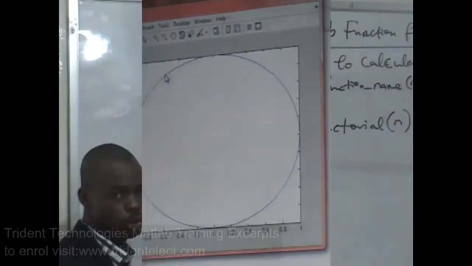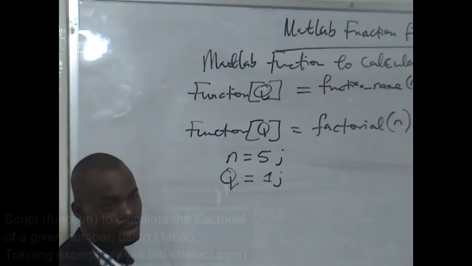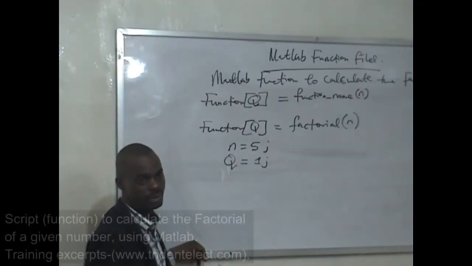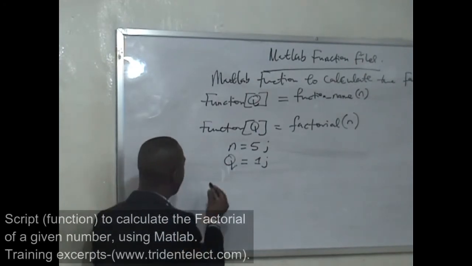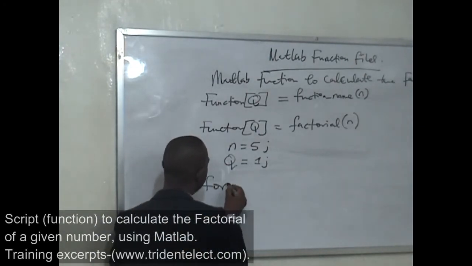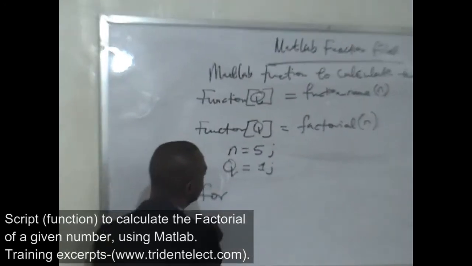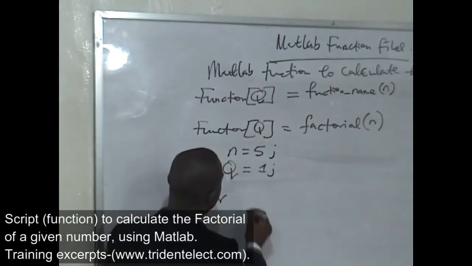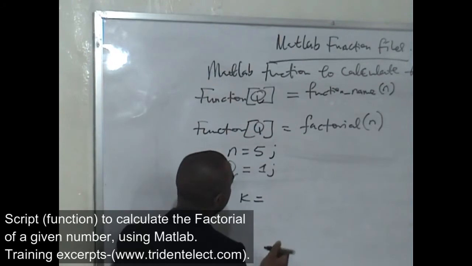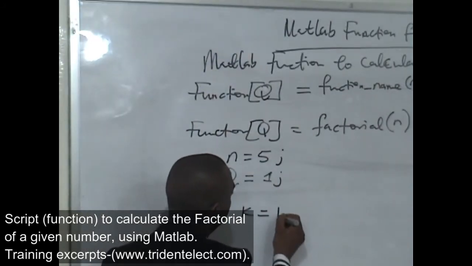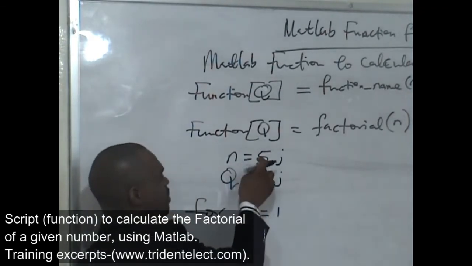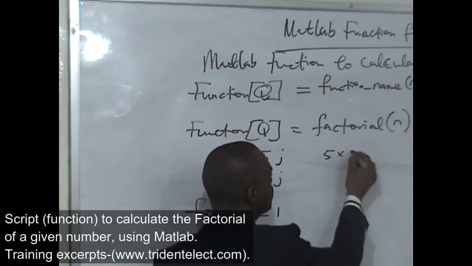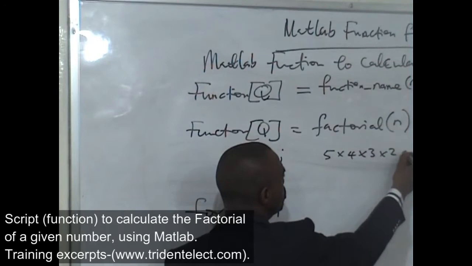I'm going to introduce a for loop here. The for loop executes a line of a statement for a fixed number of times. So we're going to say for k equal to 1. Remember, how do you find the factorial of a number? 5 factorial is going to be 5 times 4 times 3 times 2 times 1.